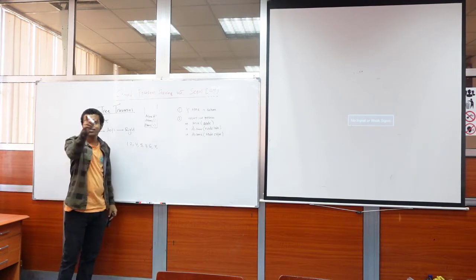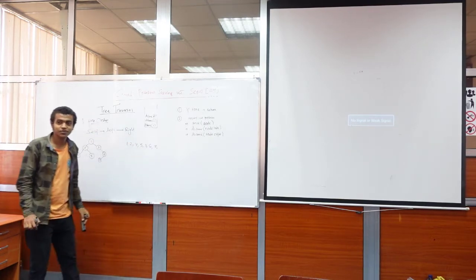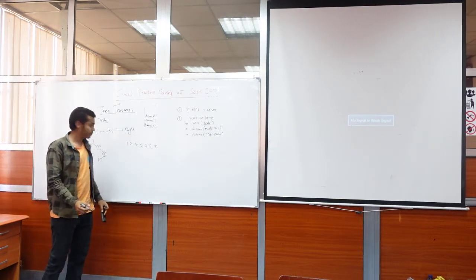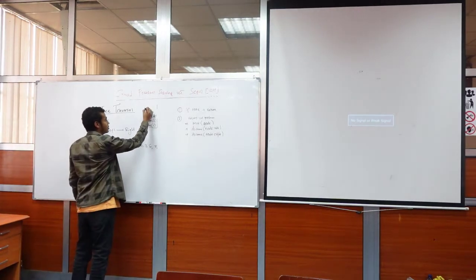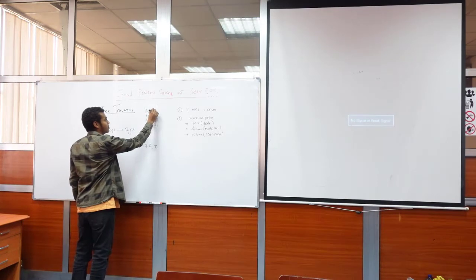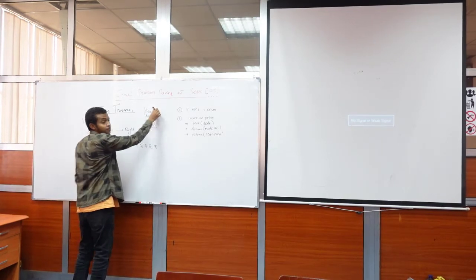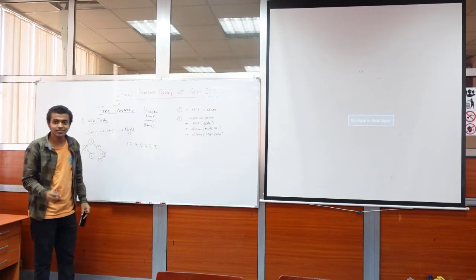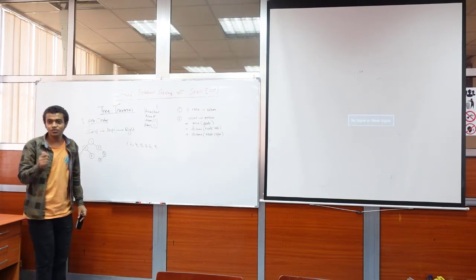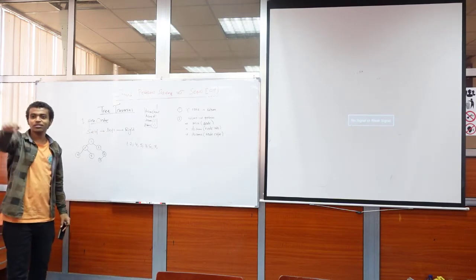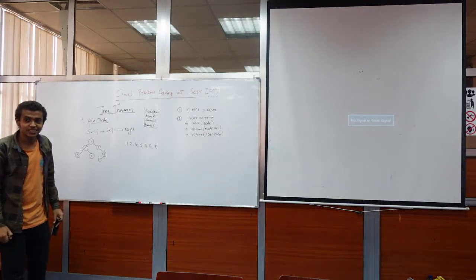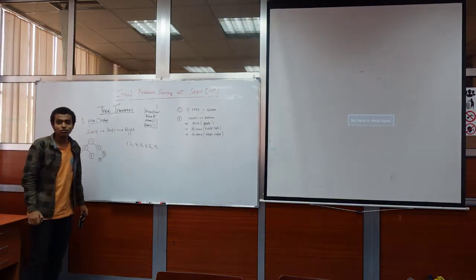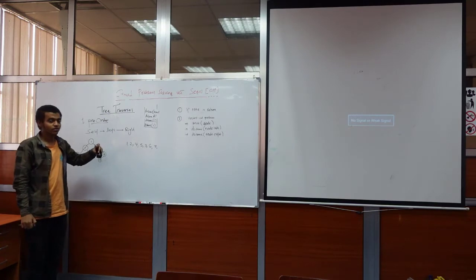And then we put the right child on the stack. What's the right child? None. And then just the rest. And obviously we pop out the node.